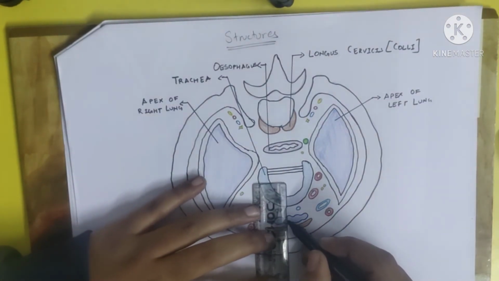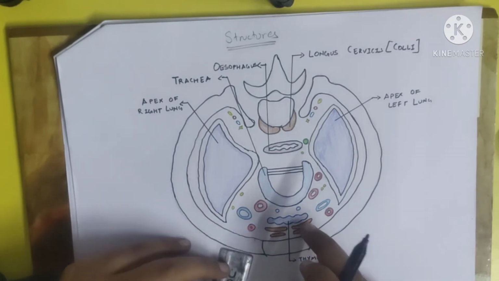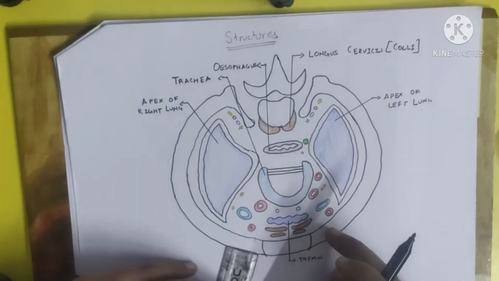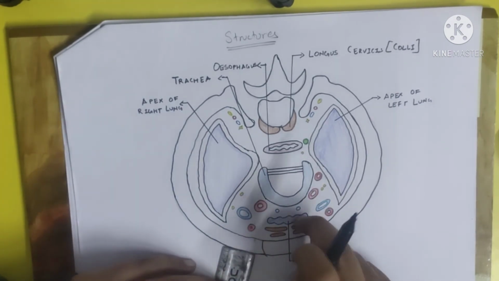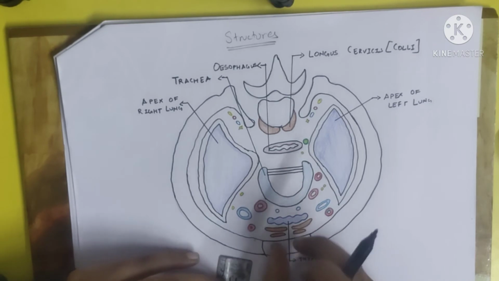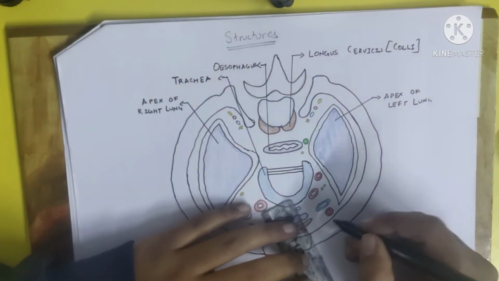So first of all, this one is your thymus. And these two muscles are similar in name. The bigger one or the closer one to the thymus is your sternothyroid, and the farther one is your sternohyoid, or the smaller one if you want. I'm going to mark them both on the same side.